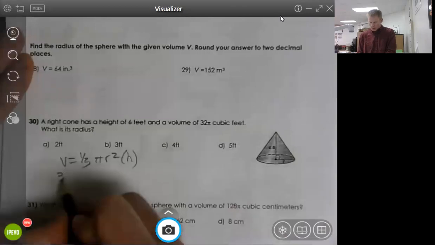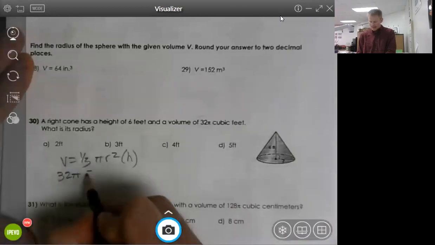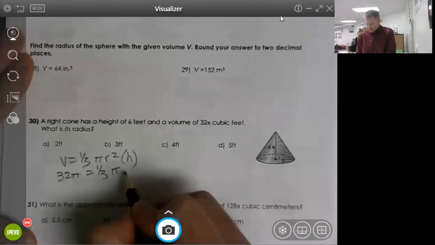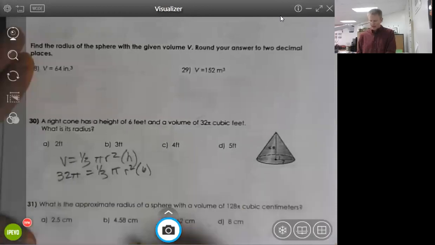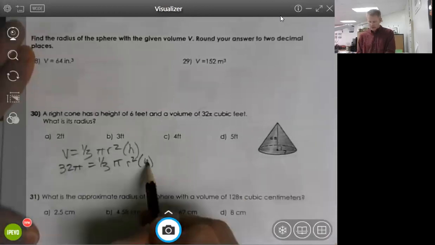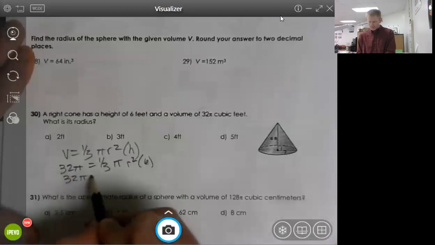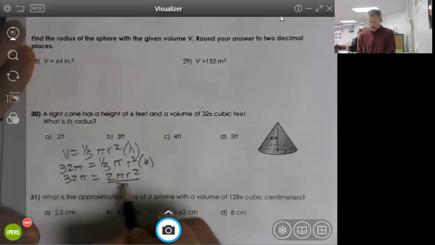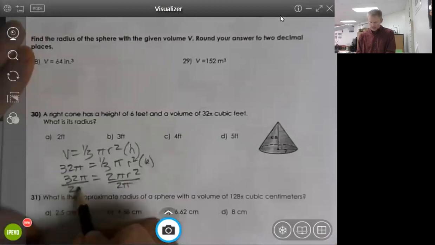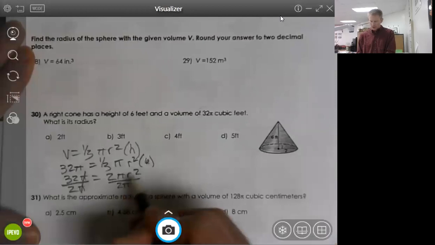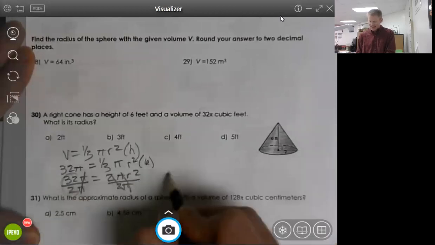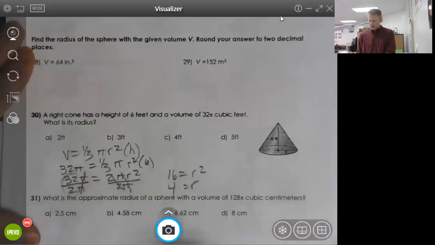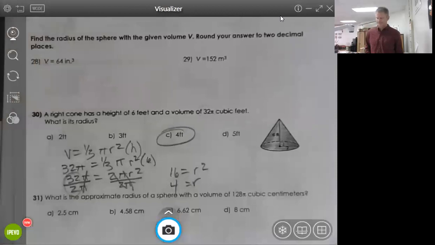So if we have 32 pi with a radius of our unknown times 6 as our height, we can take 1/3 of our 6. That leaves us with 2. We can divide by 2 pi. The pi's cross out. The 2 reduces to get 16. And take the square root, which gives you 4. So it's going to be 4 feet.